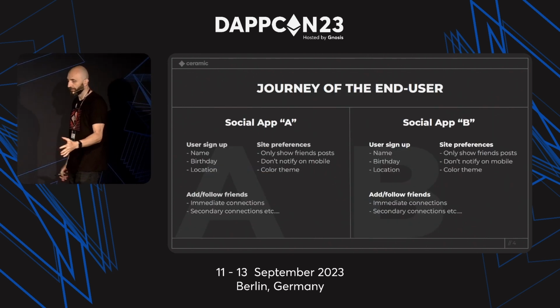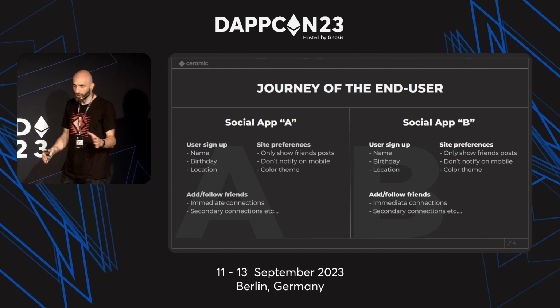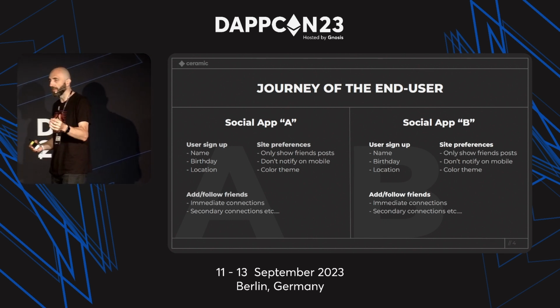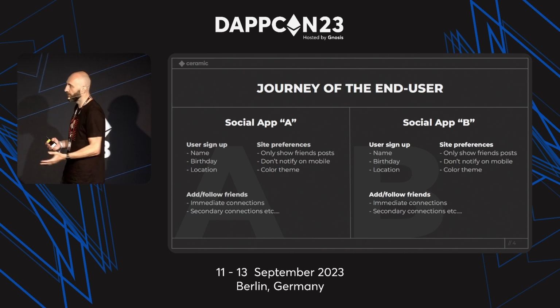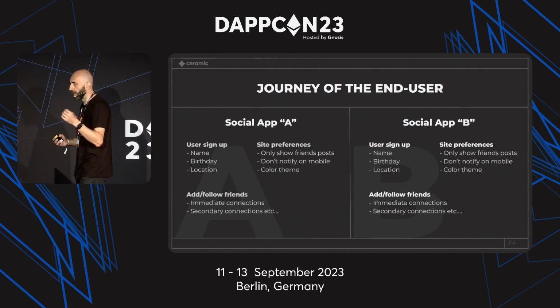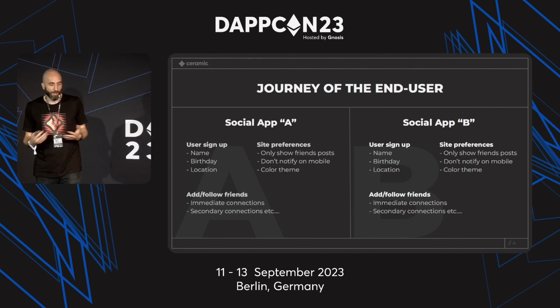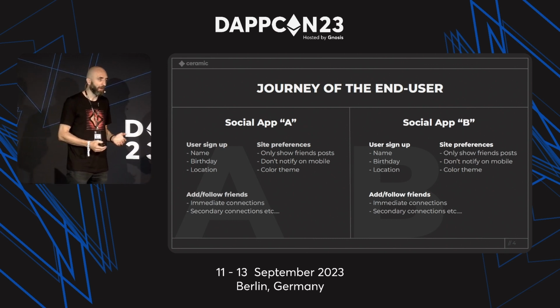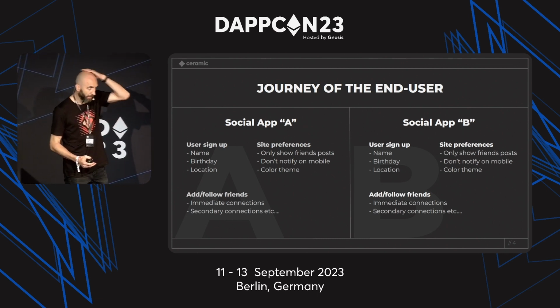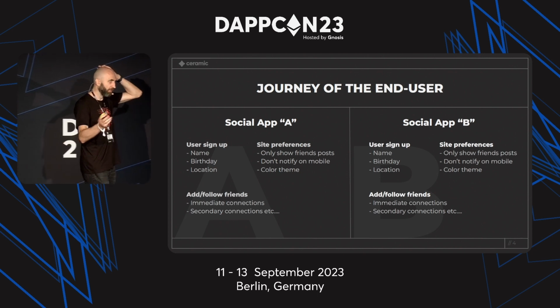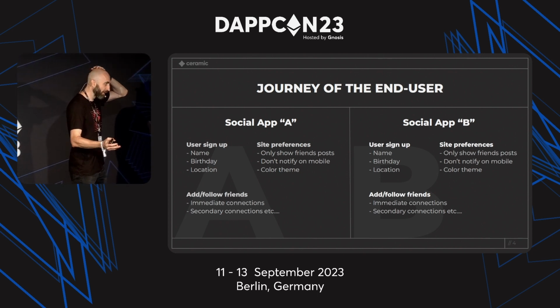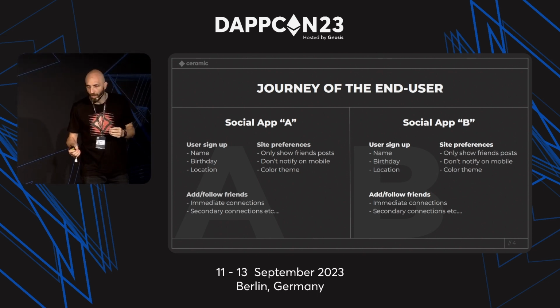So currently, what's the journey of the end user like in Web 2? If I go to Twitter and I don't have an account right now, I need to sign up. I need to give my name, my email, birthday, location, whatever else is required.